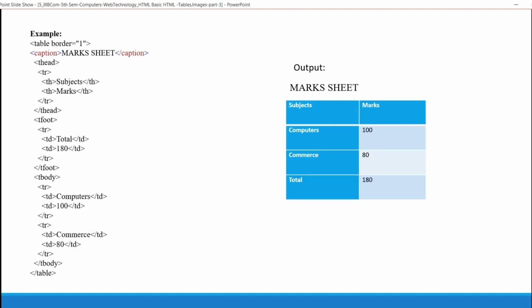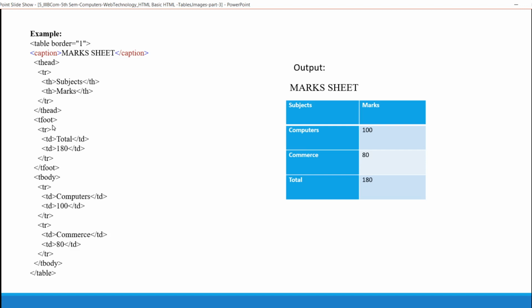Example for these advanced tags. First one is caption. Caption is placed immediately after the table tag. Table border, caption, thead, tr, subjects, marks, close tr, close thead. In the head I am writing subjects and marks.